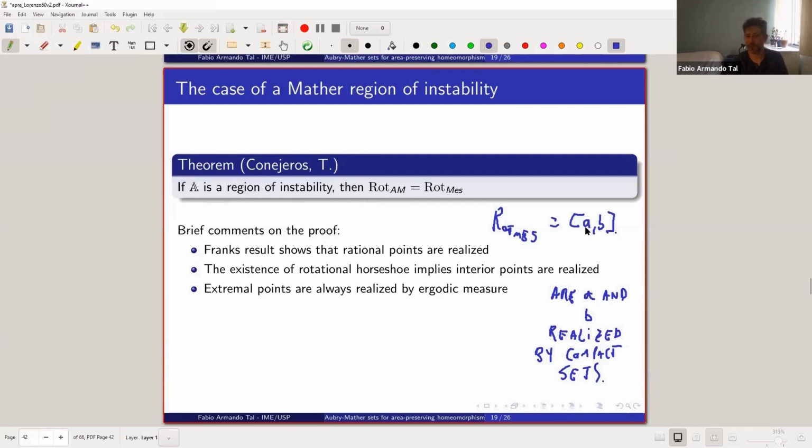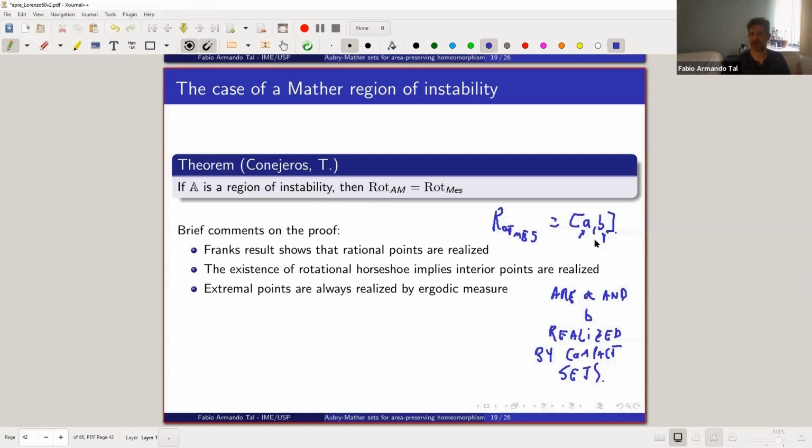since the extremal points of the set of invariant measures are ergodic measures, then at least A and B are going to be realized by some ergodic measure. Meaning that the measure rotation set is the image by a linear function of the set of invariant measures.